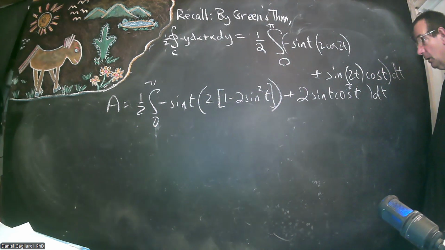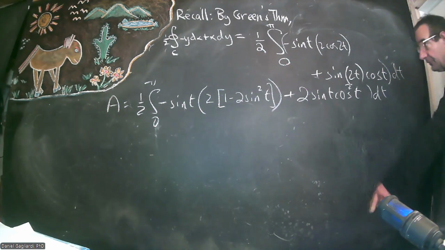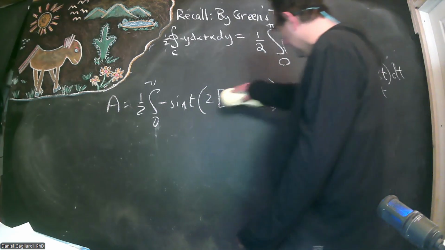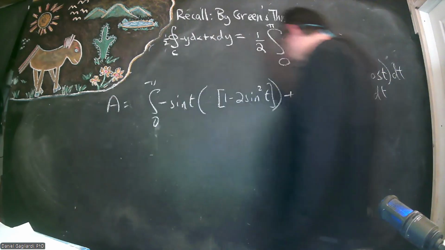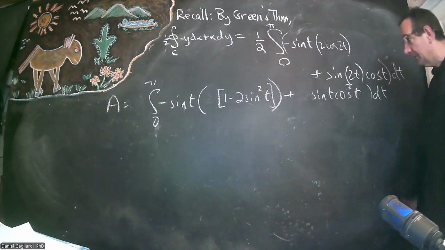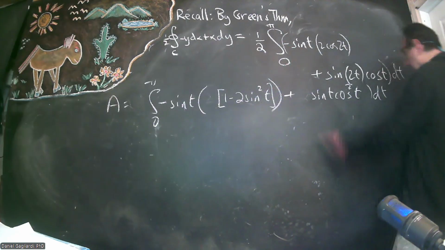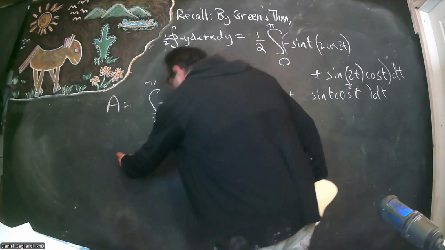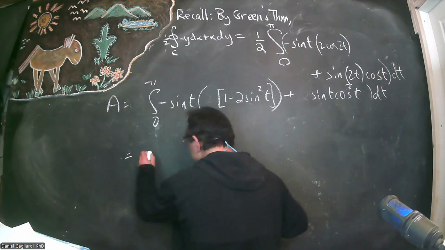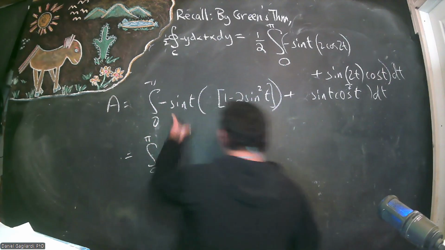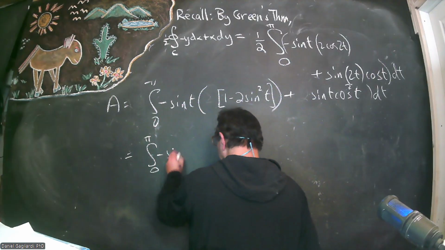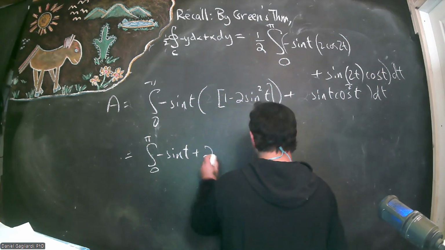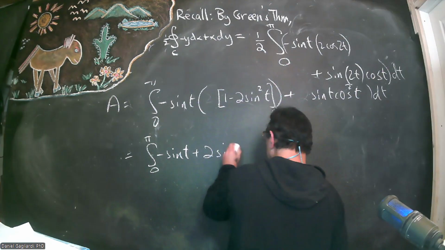Well, it looks like we can factor out a 2 from everything, and then we can cancel that with the 1/2. So this goes, and this goes. See, it's already looking better. So let's distribute this sine here and see what we get. We have the integral from 0 to pi, and distributing the sine and the minus, I have negative sine of t plus 2 times sine cubed of t.